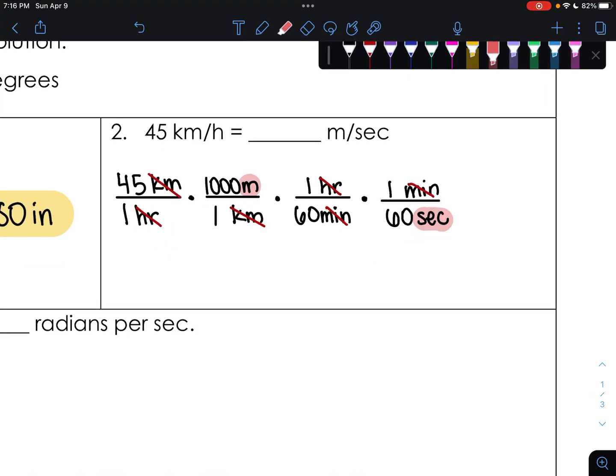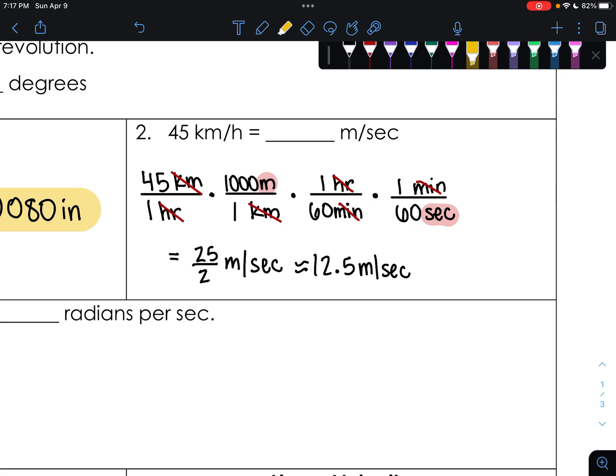So in 45 kilometers per hour, there is 25 over 2 meters per second. Second can be abbreviated as just an S or sometimes an SEC. And then there's about 12.5 meters per second as well. So again, seconds can be abbreviated as SEC or as just an S. That would be our answer.